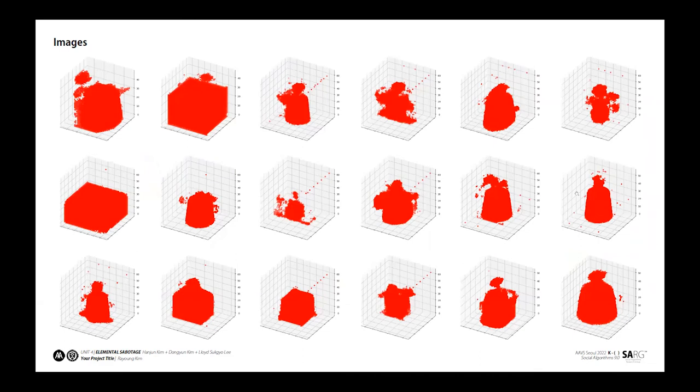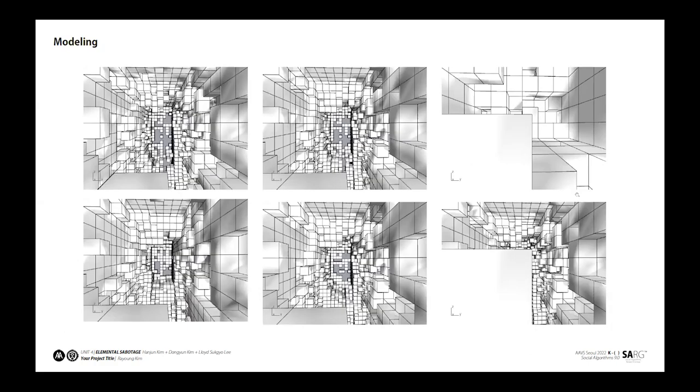And these are the 3D GAN images. And these are the voxelized images inside the chimney. And in this space, we can imagine diverse voids that have not been seen from humans' perspective.